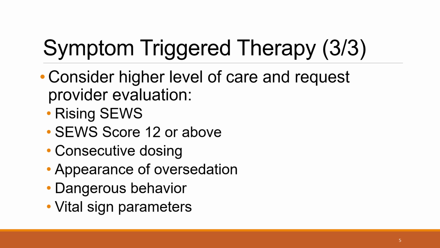It could be considered for patients who appear oversedated, such as a RASS score of less than -2, those who exhibit dangerous behavior, whose vitals remain with a heart rate greater than 110 beats per minute, or a systolic blood pressure of greater than 180 millimeters mercury, or a diastolic blood pressure of greater than 110 millimeters mercury, despite having received PRNs as prescribed.